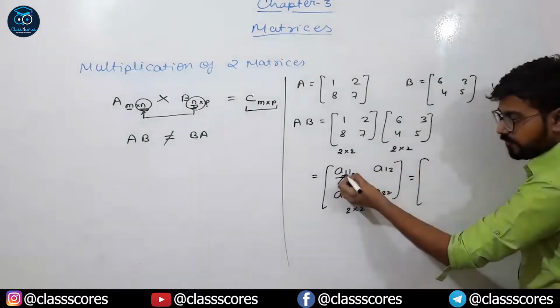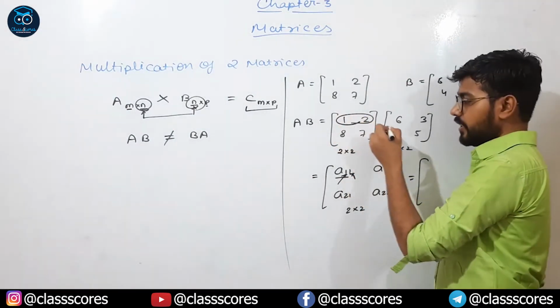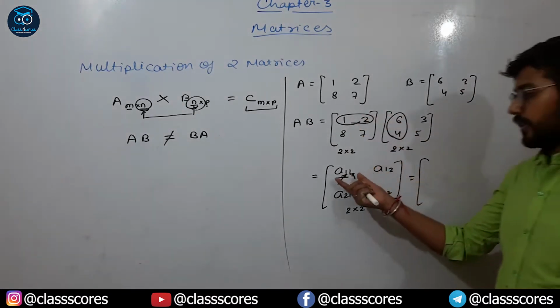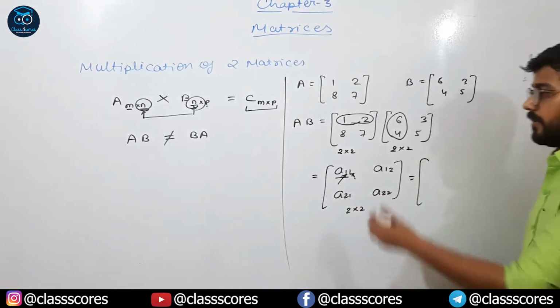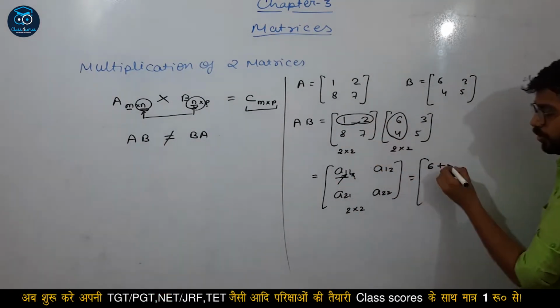It represents first row and first column. The product of these two gives the value for A11. Then 1 into 6, that is 6, plus 4 into 2, that is 8.